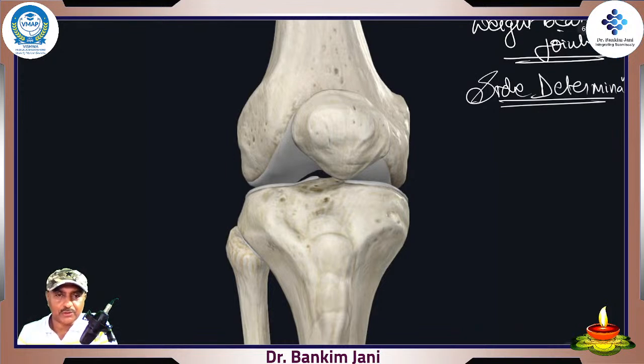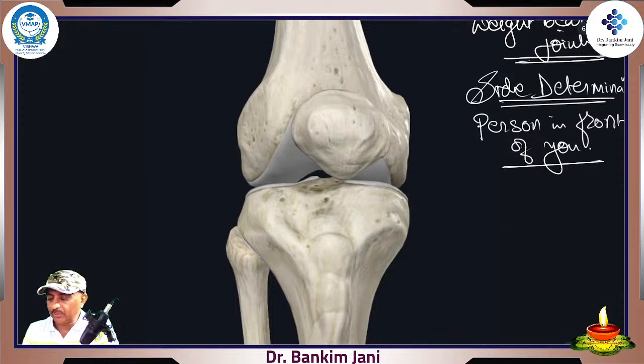So, side determination. Is this the right knee joint or left knee joint? Think of it as if this person is standing in front of you. So how will you determine?